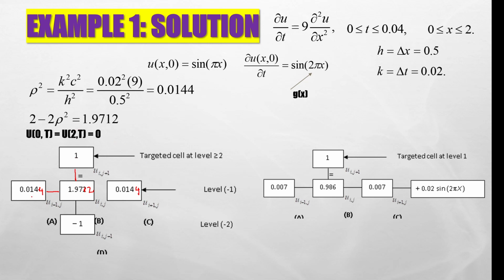You have 1 rho squared is 0.0144, 2 minus 2 rho squared is 1.9712, and then rho squared 0.0144. The bottom one is minus 1. The left middle cell we represent using A, center middle B, right middle C. The center bottom we represent using variable D.